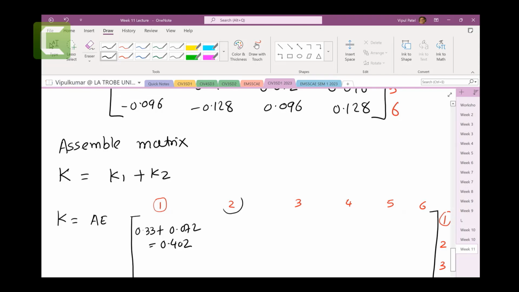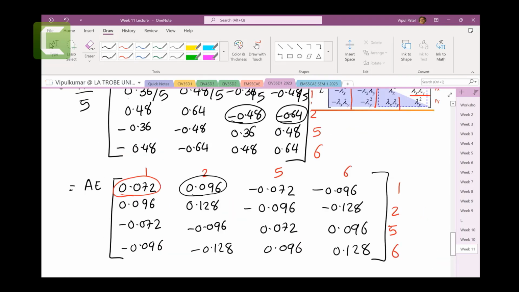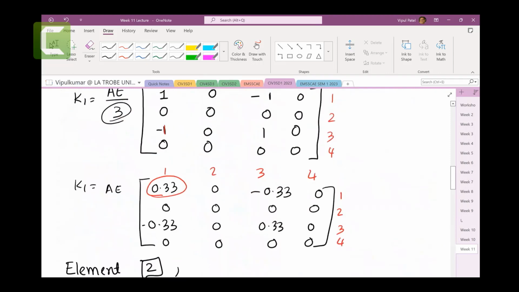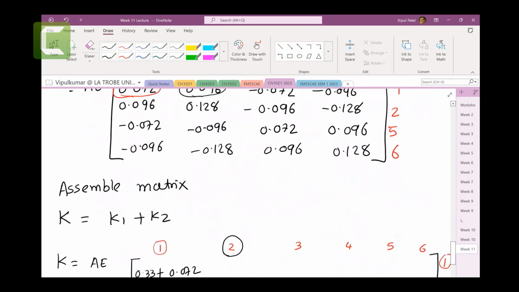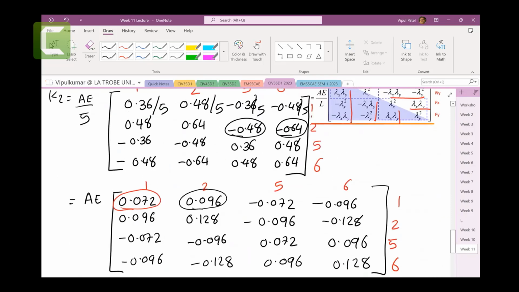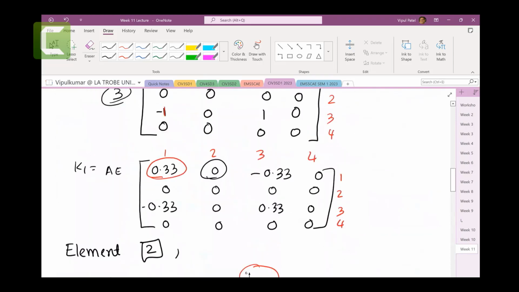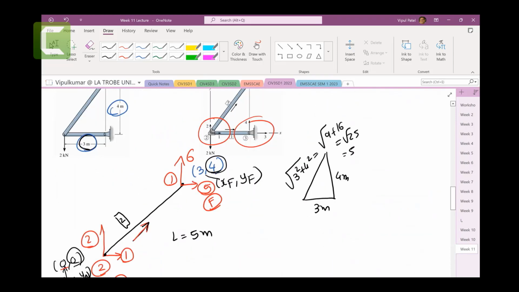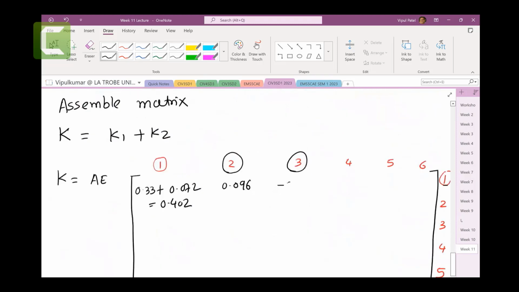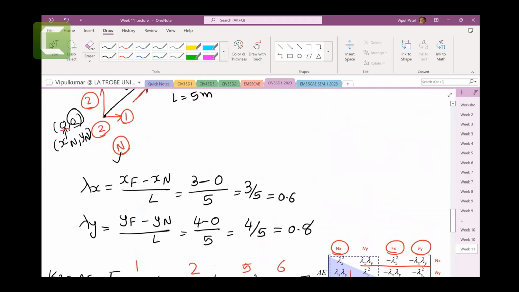Now, column 2, row 1: 0.096 and 0. So 0.096. Column 3, row 1: there is nothing here, so that is 0. Column 3, row 1 is minus 0.033. Number 4: there is no number 4 here, so that should be okay.